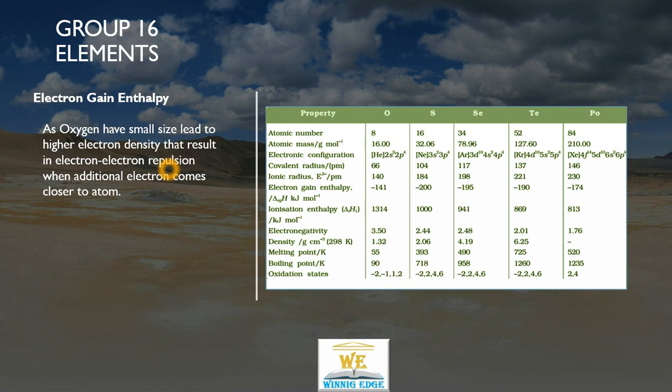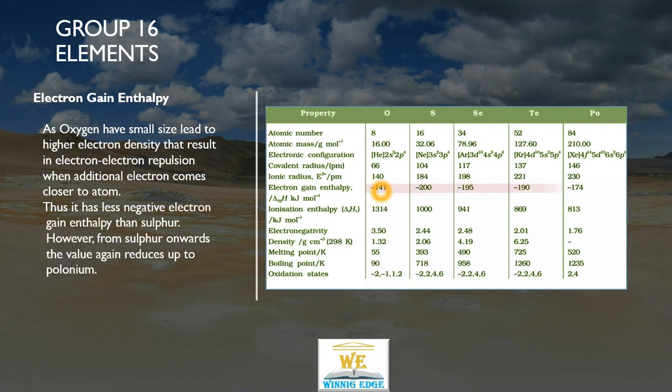For the same reason, it has a very low electron gain enthalpy compared to the other elements in group 16, only minus 141, which is the smallest in the whole group.